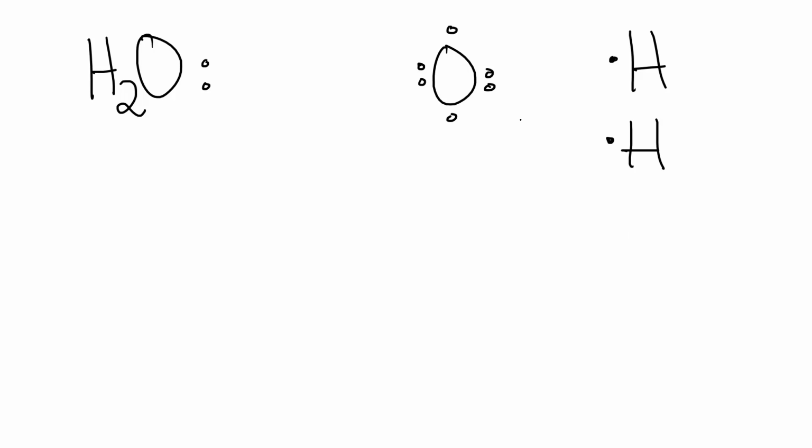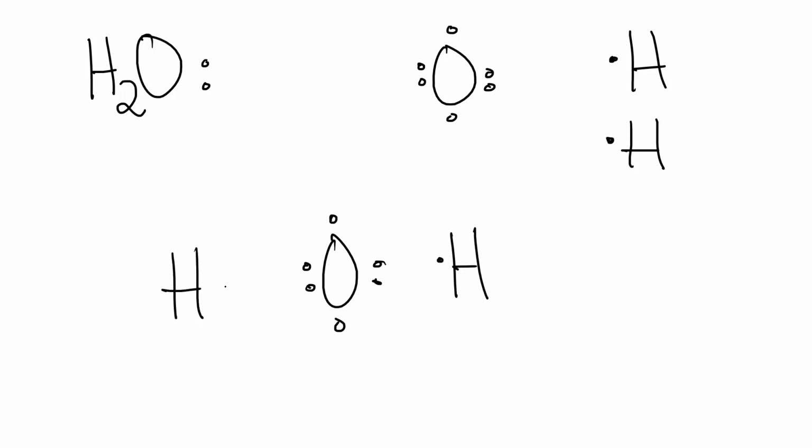It's got two unpaired electrons, therefore it can form two bonds. How many bonds can hydrogen form? Just one. So oxygen in the center, hydrogen, hydrogen. Now, form your bonds.